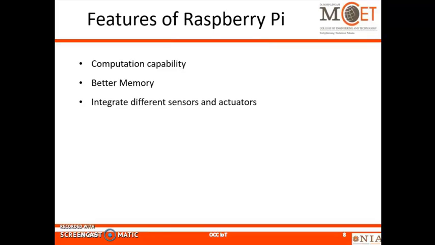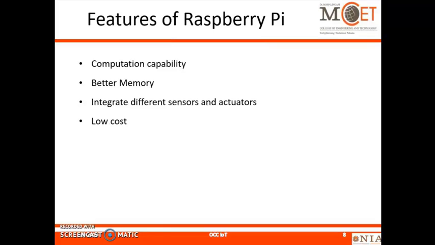Also, we are able to integrate different types of sensors and actuators using this. So you know that sensors and actuators play an important role in IoT. So with the help of Raspberry Pi, most of the available sensors can be easily connected when compared to Arduino. And the processing speed is also high in Raspberry Pi when compared to Arduino.